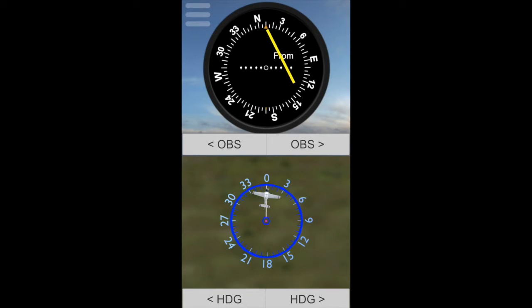All right, we said from the previous slides that if I am on this radial and I select it using the OBS, as you can see here, that means if I am on that radial, the needle will be centered, and I would get a from indication.